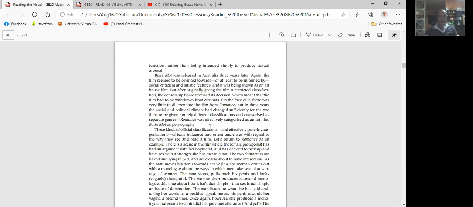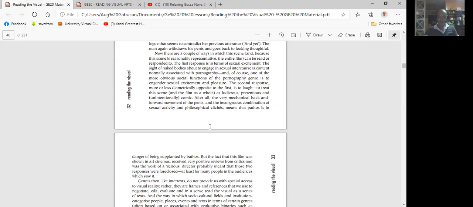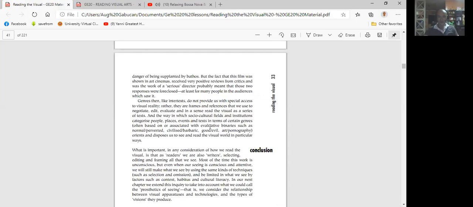Okay, so moving on. The genres then, like intertexts, do not provide us with a special access to visual reality. Rather, they are frames and references that we use to negotiate, edit, evaluate, and in a sense, read the visual as a series of texts.